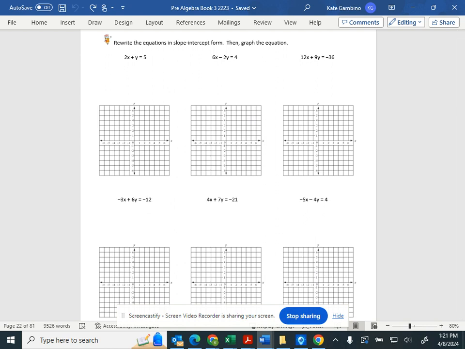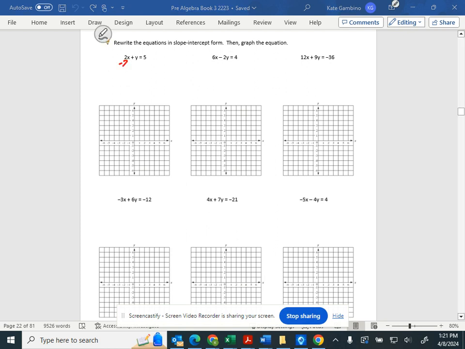And then we're going to graph them, like we have graphed in previous objectives. So we're not doing anything new on the second page. We're just pulling back, making sure we remember how to graph from that slope-intercept form.